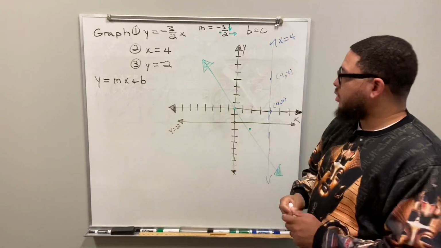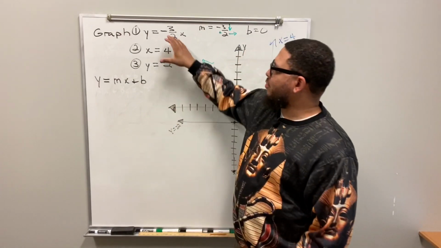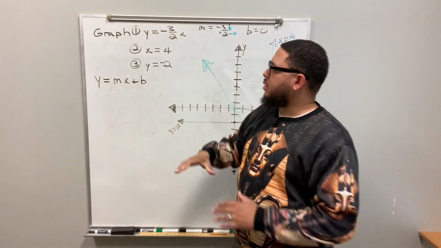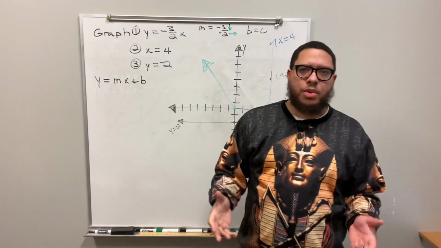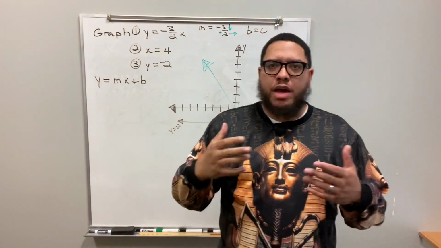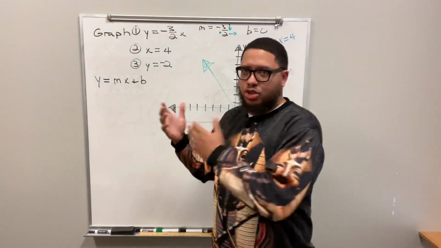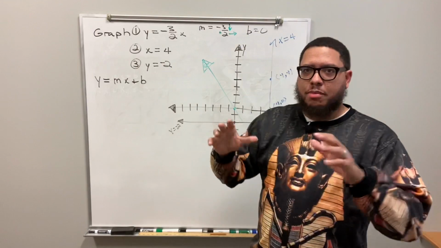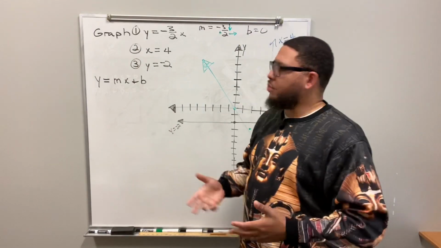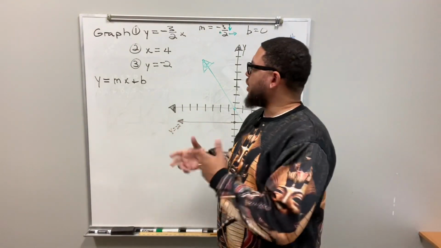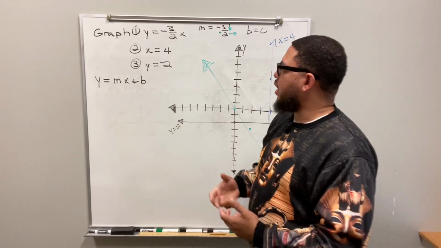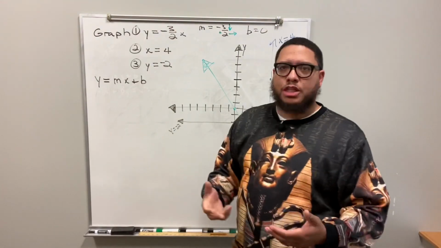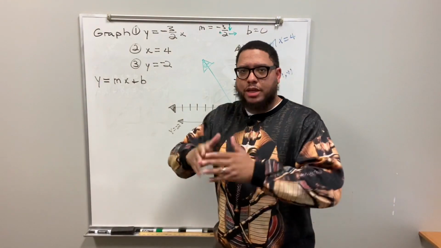All right? So these are three equations that are easy to graph, but if you haven't been taught how to graph them and what to think about when you see them, then you'll be confused. These are some of the fundamental aspects, the blind spots that a lot of people have because they haven't been explicitly taught.